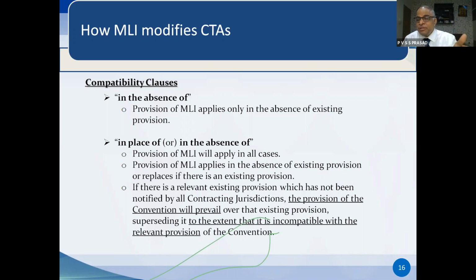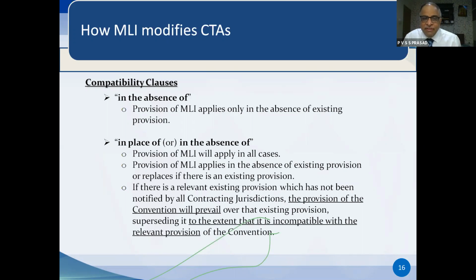And this would apply in the context of minimum standards, because a minimum standard is one amendment or modification which every member of the inclusive framework has agreed to implement without any compromise. So it is an irreconcilable agreement to be implemented by the inclusive framework partners. This all-powerful "in place of or in absence of" clause would cover all sorts of treaties, whether you have that provision or not. If there is a provision, the new article of the MLI would modify it to the extent it is incompatible.